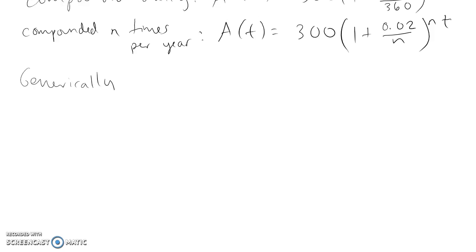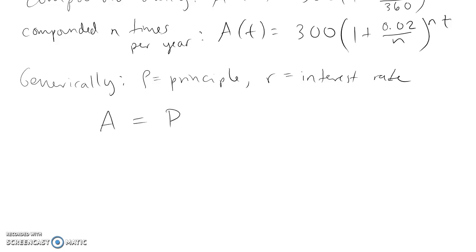If we let P be the principal and R be the interest rate, right, then we can say that A is equal to P, the principal, times 1 plus R over N raised to the NT power.